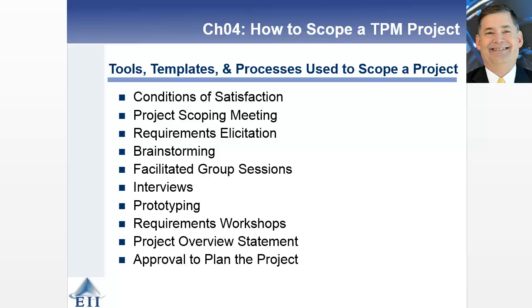We'll talk about conditions of satisfaction, how to generate those, what a project scoping meeting is, how to structure that, how to do requirement solicitation using brainstorming or facilitated group sessions, interviews, and prototyping, or requirement workshops. And then finally we'll get into that one-page document, the project overview statement. So that's the outline of what we're going to do in this chapter.